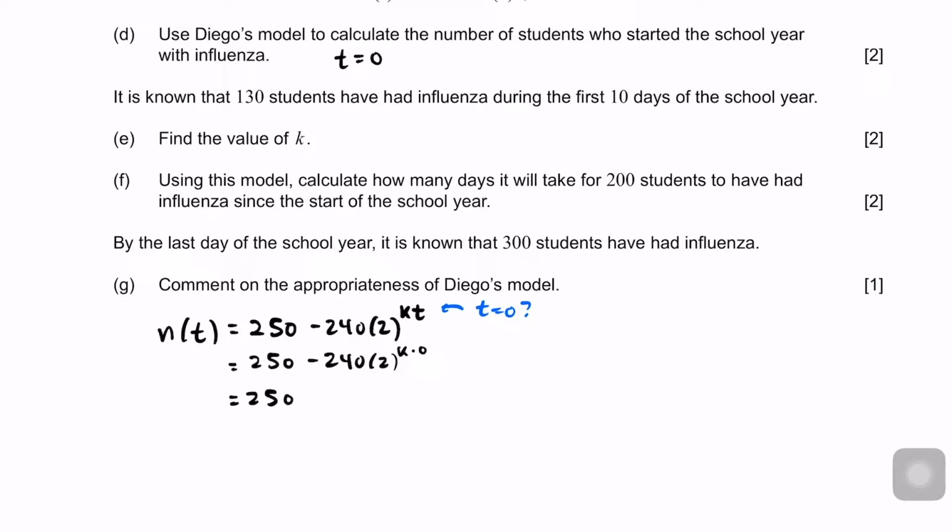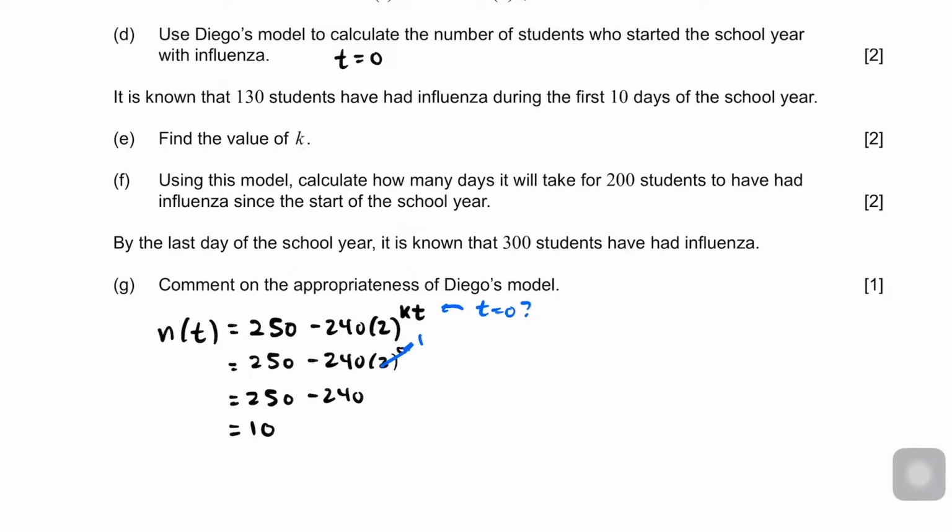So we have 250 minus 240, because remember, this would just become 2 to the 0, which itself goes to 1. So 240 times 1, and we'd be left with 250 minus 240, which would leave us with just 10 students at the start of the year.